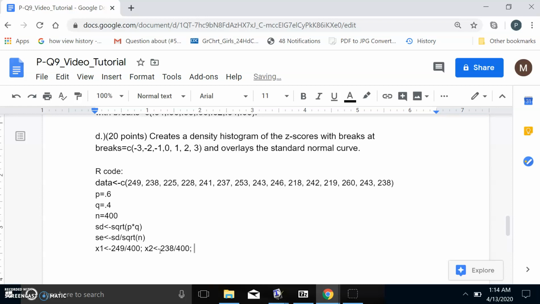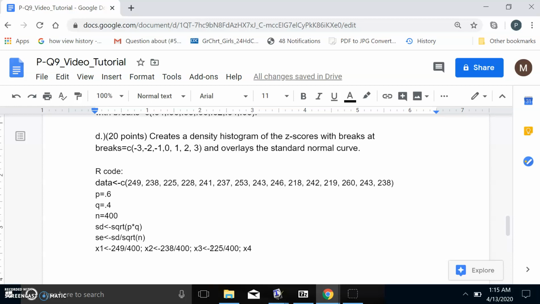Move on to the next one, x3. The next one is 225, so 225 divided by 400. Semicolon. Sorry, x4.